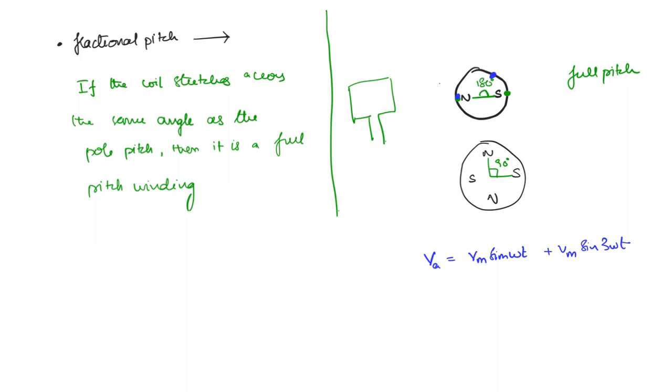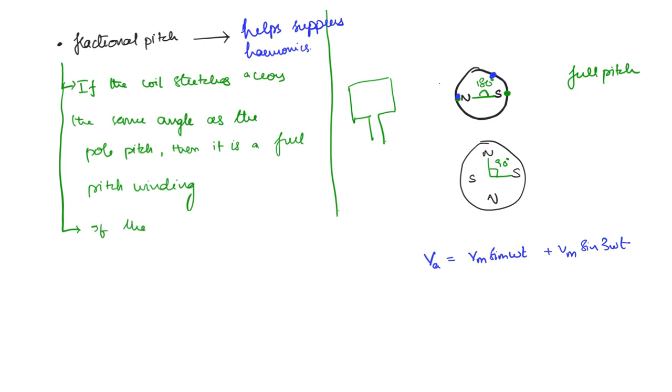Now why does fractional pitch help in reducing harmonics? That is not required to know at this level. Okay. The only thing that you need to know is that the fractional pitch helps suppress harmonics. Okay. So you can also write the definition of the fractional pitch.